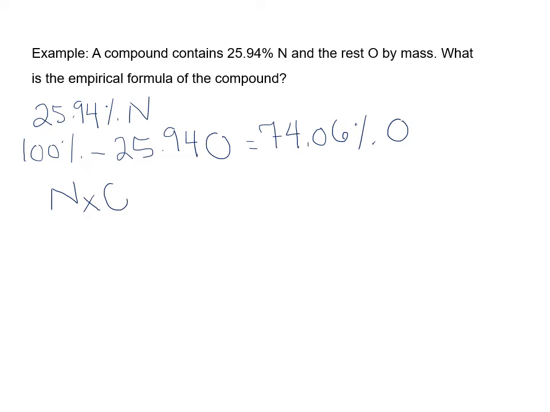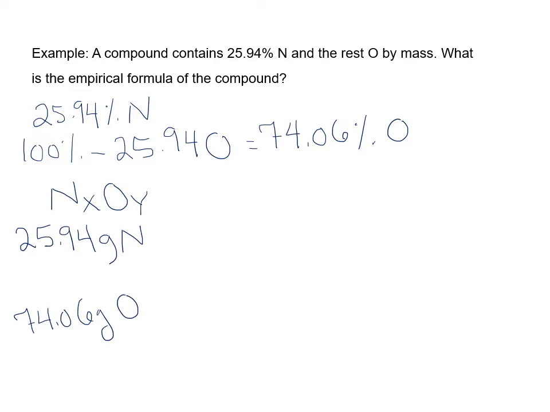So the formula we're looking for is just like the one before. We're trying to find the values of x and y in this formula. Remember that in the rules, it says that if you're given percentage, just assume you have 100 grams of the substance. So we're going to assume that we have 25.94 grams of nitrogen and that we have 74.06 grams of oxygen.